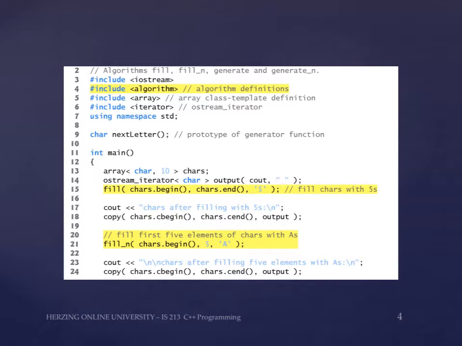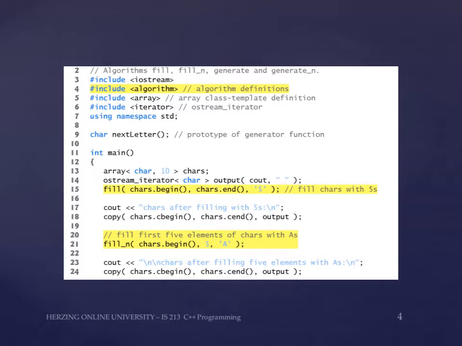Looking at the fill_n algorithm starting with line 21, you can see that fill_n is used here to place the character A in the first 5 elements of vector chars. The iterator supplied as the first argument must be at least an output iterator.